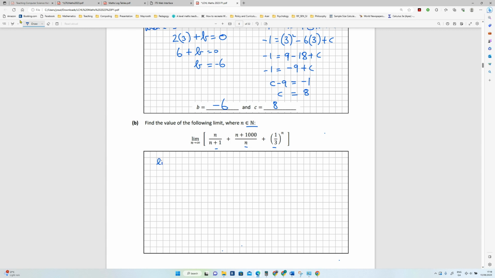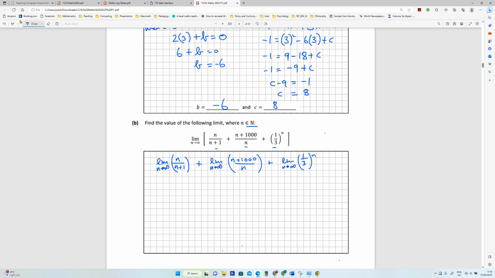So the first one is going to be the limit as n goes to infinity of n all over n plus 1, plus the limit as n goes to infinity of n plus 1000 all over n, plus the limit as n goes to infinity of 1 over 3 to the power of n.